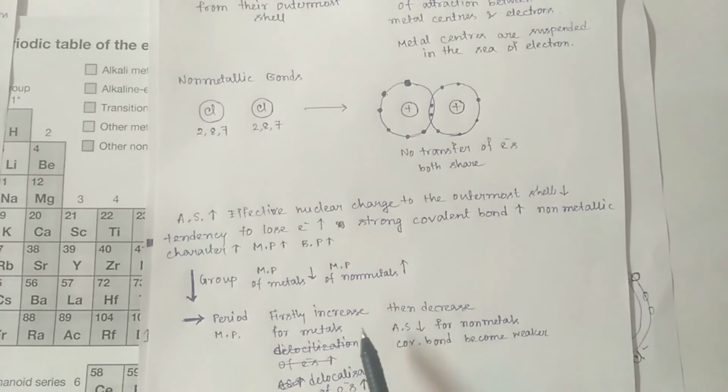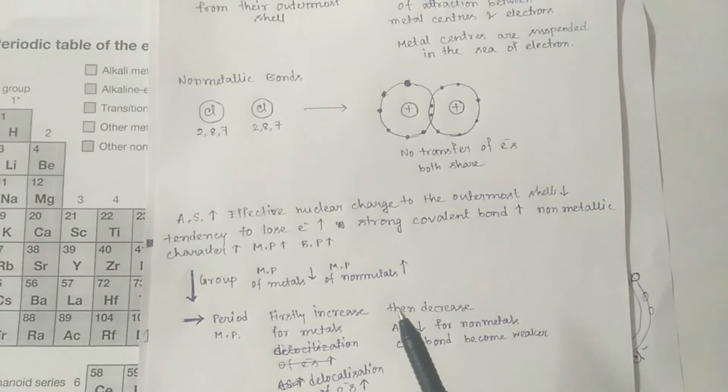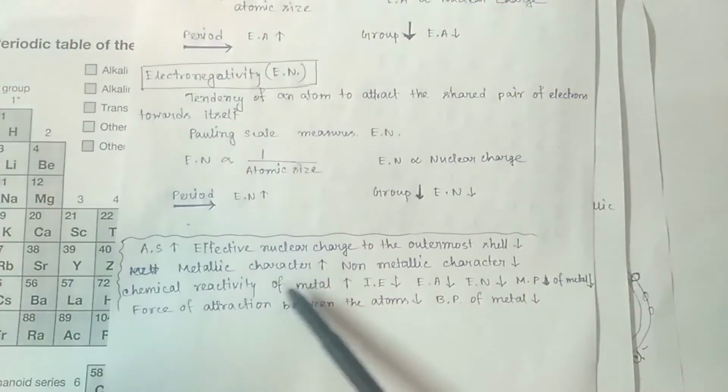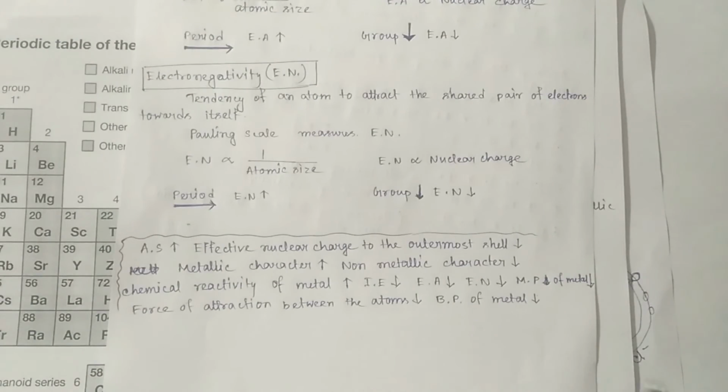That is why more energy is required to melt them. So going down a group, the melting point of non-metals will increase, but the melting point of metals will decrease because of their increasing atomic size, which reduces the force of attraction between the atoms.